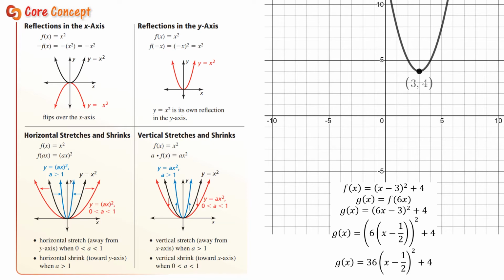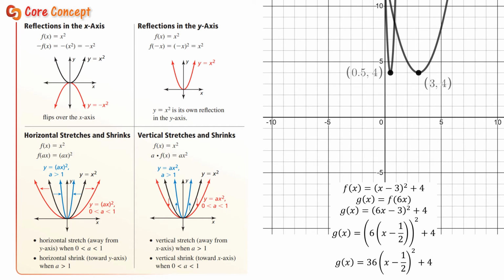But it doesn't impact where the 4 is, and it did impact where the 3 becomes a 1/2. When we graph this, look where it winds up. It shrinks from a vertex at (3, 4) over to (1/2, 4). So it's like an accordion. Yes, it's getting narrower, but it's getting narrower because everything is pulling closer and closer to the y-axis.